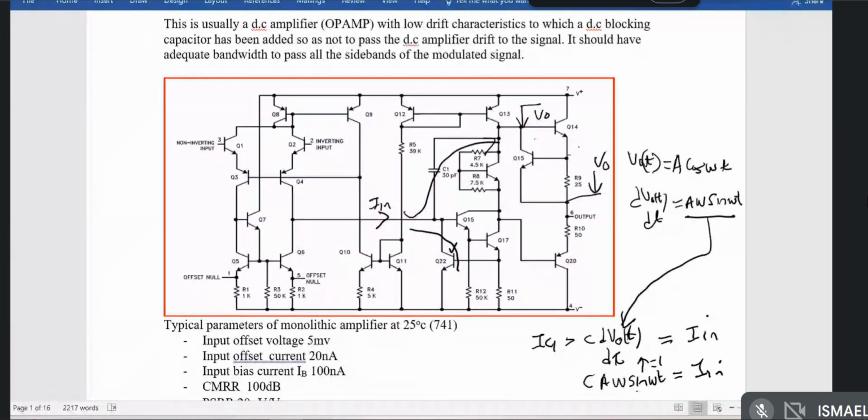Or let me just leave it simply that the slew rate is just obtained from this equation, C dV naught dt is equal to IN.